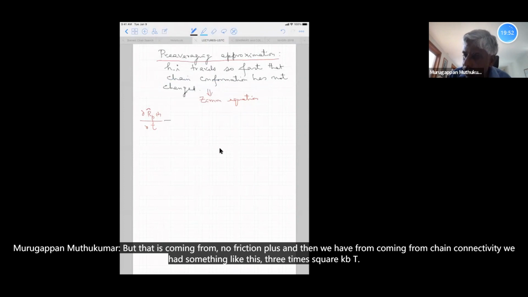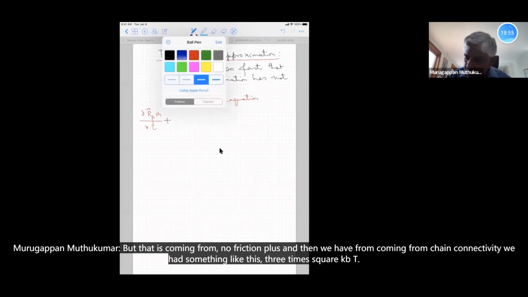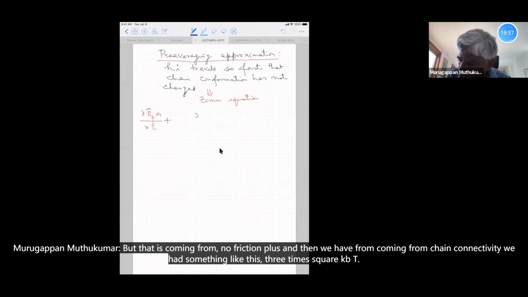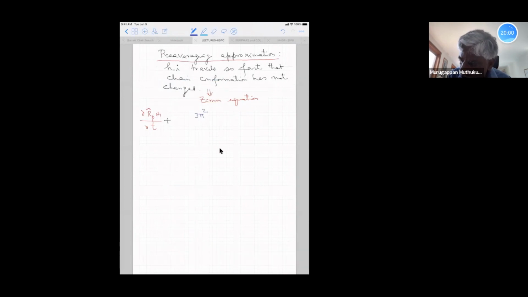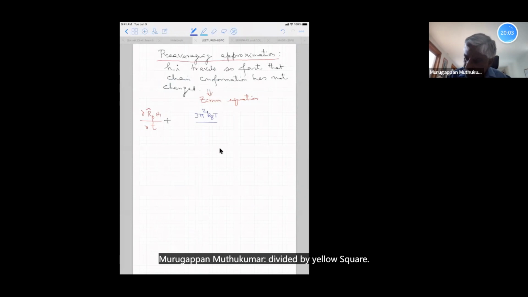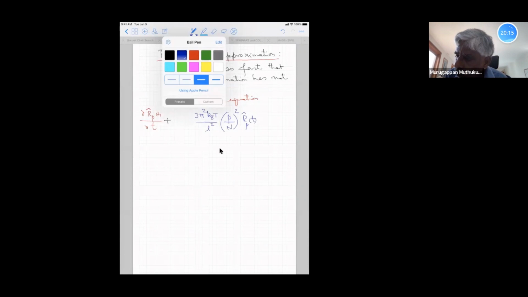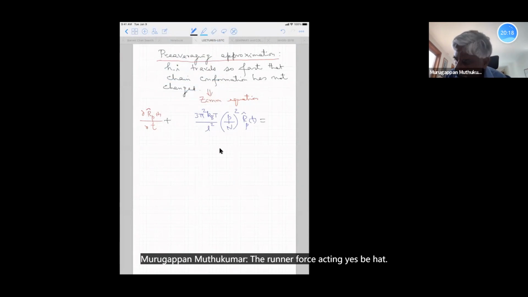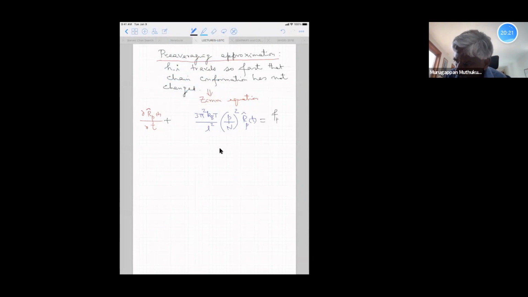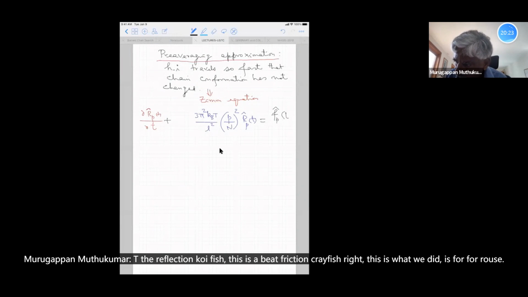Plus, coming from chain connectivity, we had something like 3 pi square kBT divided by L square, P over N square, times P hat at t, and that's equal to the random force F P hat at t divided by the friction coefficient. This is a bead friction coefficient. This is so far Rouse.